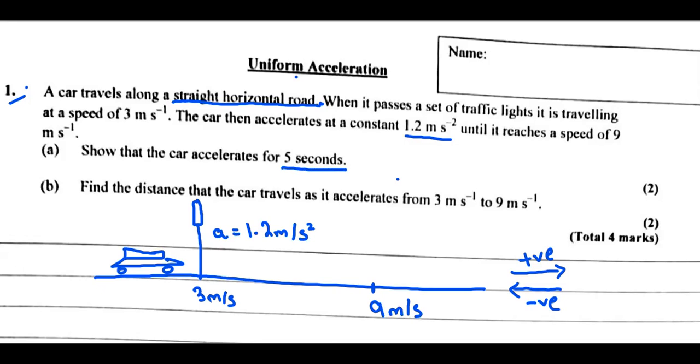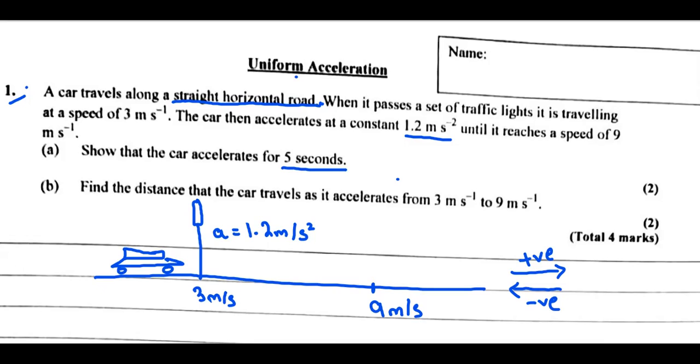Okay, we will show that, but first let's just be sure about the signs, okay? Now everything is happening in the positive direction. They did not talk about the brakes. They did not say that the speed reduced, stuff like that. So this means that all this is happening in one direction.